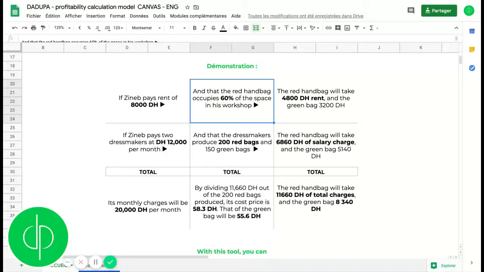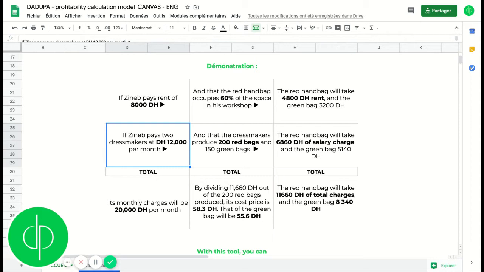You will take 60% of the 8,000 and put it on the red handbag. So the red handbag will take 4,800 of the rent, and the green handbag will take 3,200 of the rent.